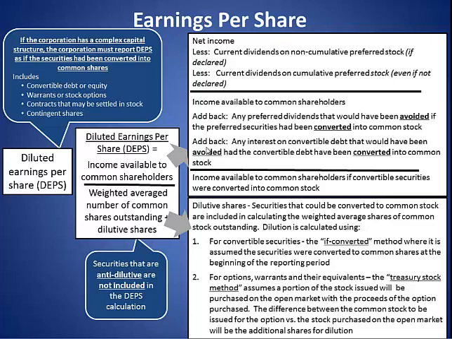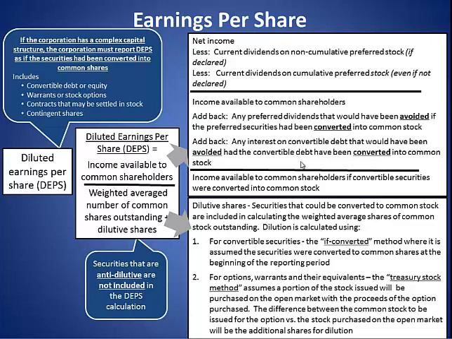Also, we're going to add back any interest on convertible debt that would have been avoided had the convertible debt been converted into common stock. In other words, if we have bonds out there that are convertible and we're paying interest on them, if people convert those bonds, we're not going to have to pay the interest because those bonds are being converted to stock. So we need to add that back to the income available to shareholders.